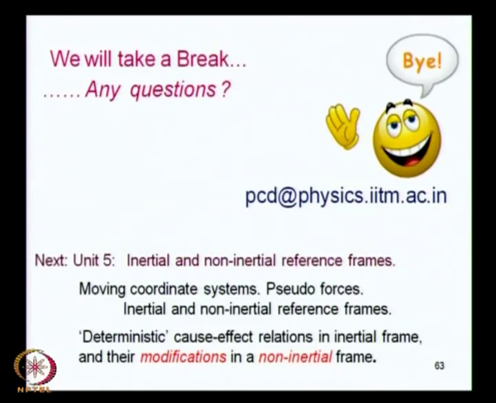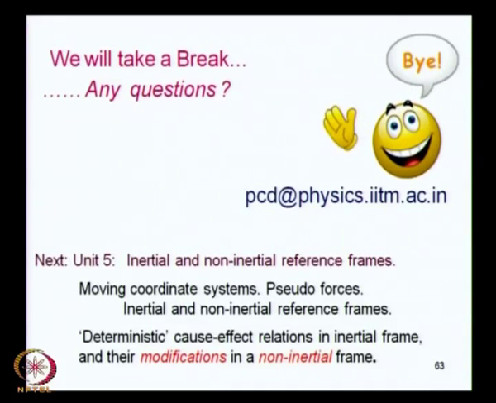But with that, I conclude this particular unit. If there are any questions, I will be happy to take. In the next unit, we will discuss inertial and non-inertial reference frames.